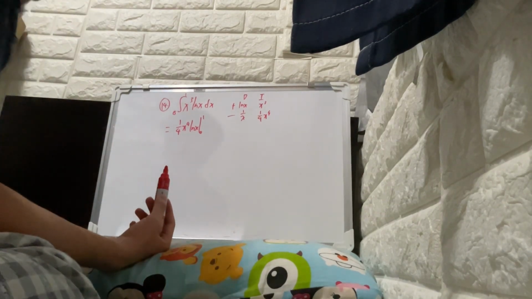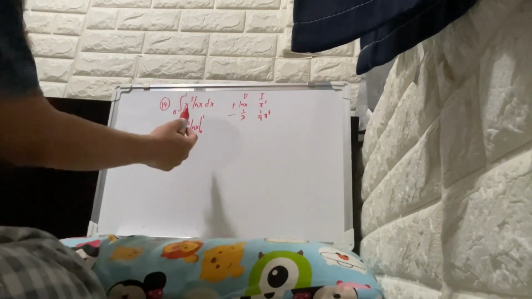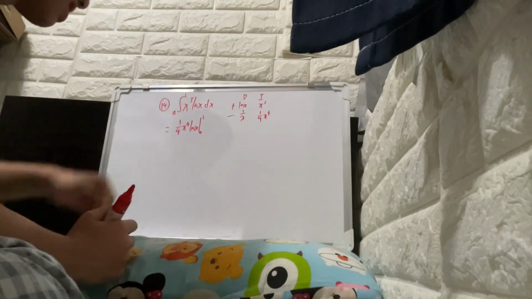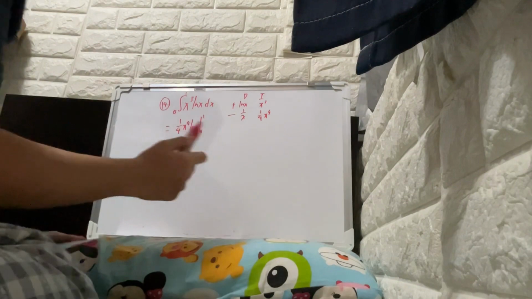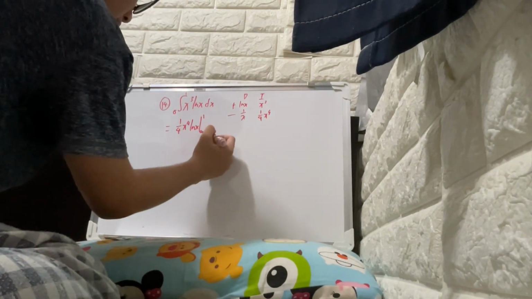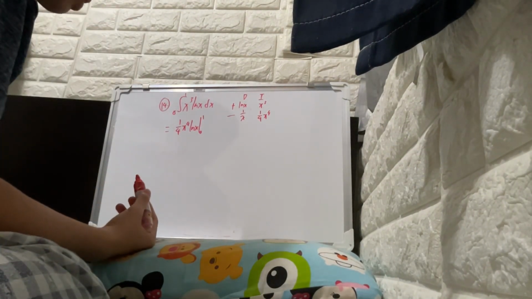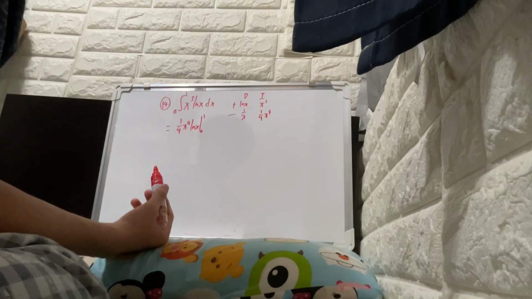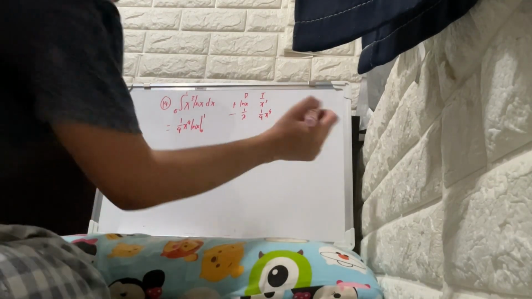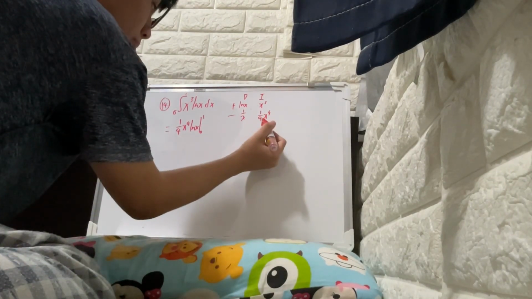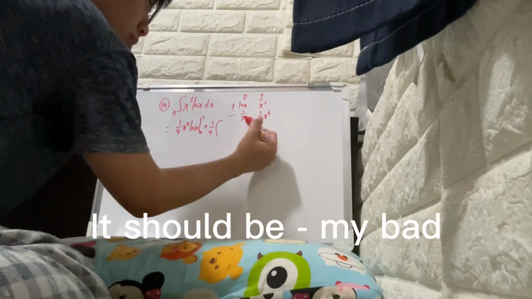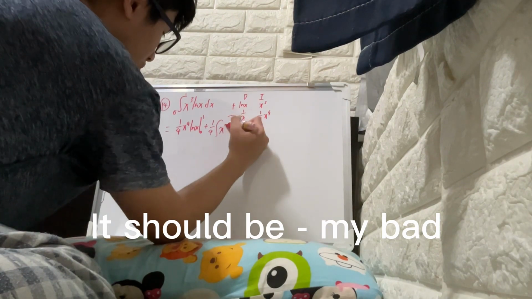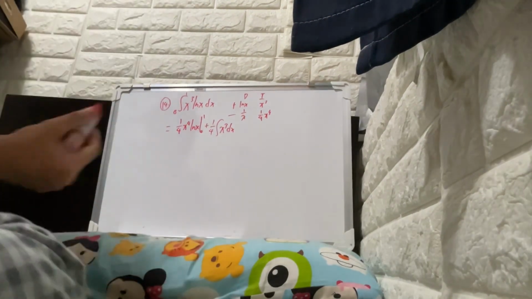I'm not sure I wrote the wrong answer because of ln x, but don't worry. You replace 0, you get the answer here, right? So don't worry, and then minus becomes positive, plus 1/4, and then x to the power 4 divided by x becomes x cubed dx.